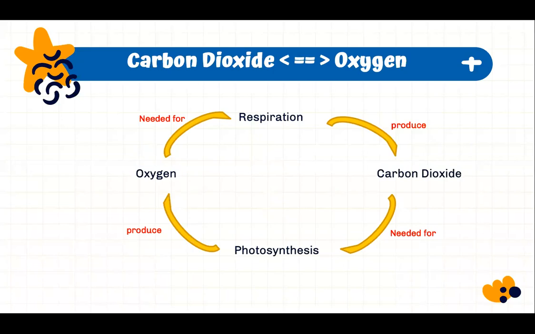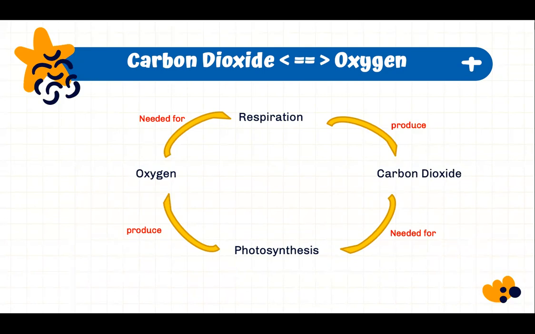Oxygen is needed for respiration, and respiration produces carbon dioxide, which is then needed for photosynthesis, which produces oxygen. This we call the cycle of gas exchange. It tells you how both are balanced, and how both are made, needed, or used by different processes in different living things.